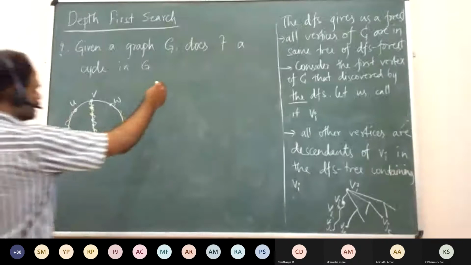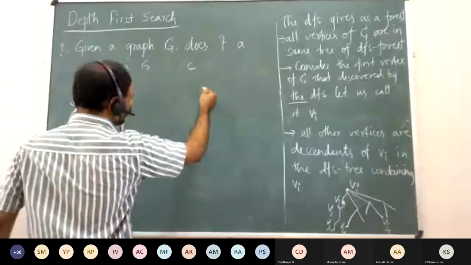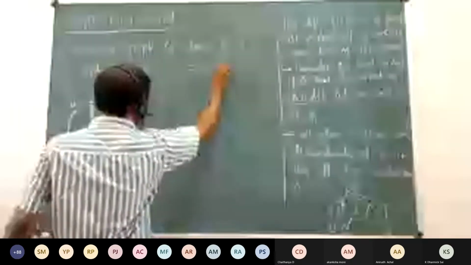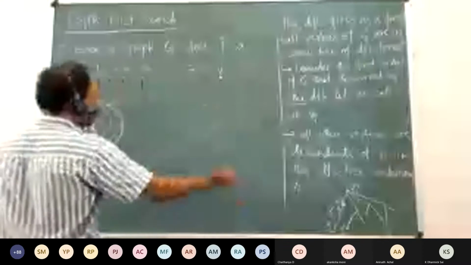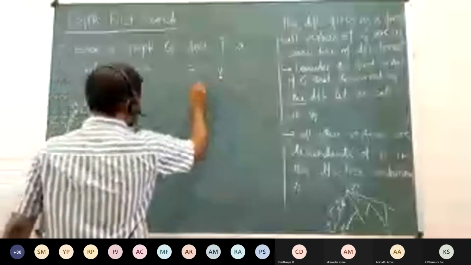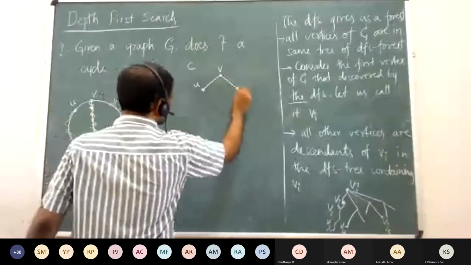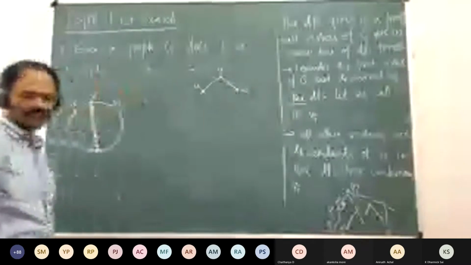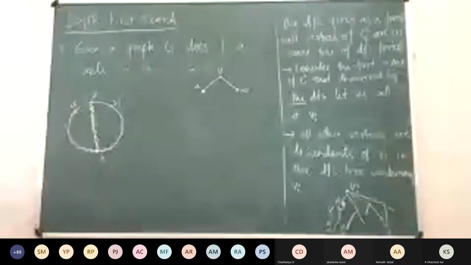So what you can say is that suppose there exists a cycle C, and we assume that V is the first vertex of the cycle seen by the DFS, and say U and W are its neighbors in the cycle.